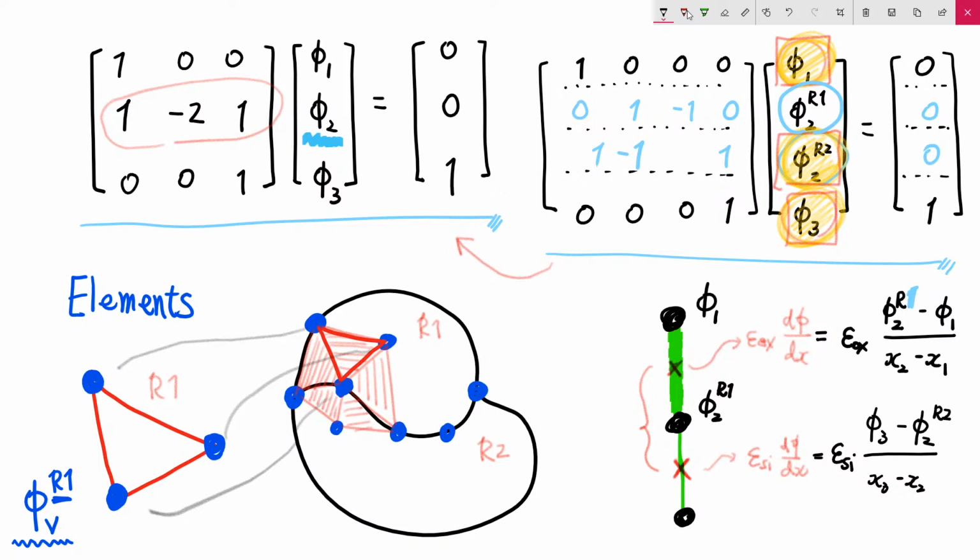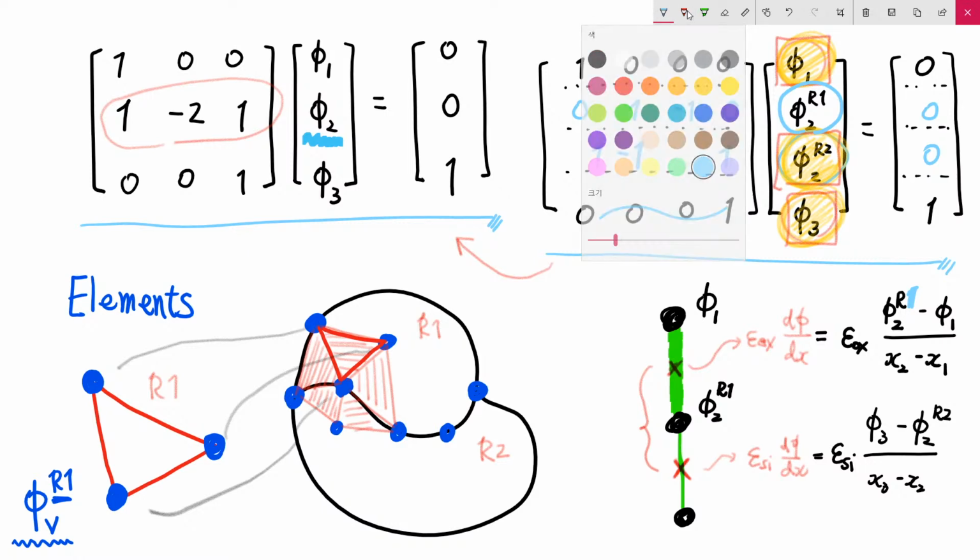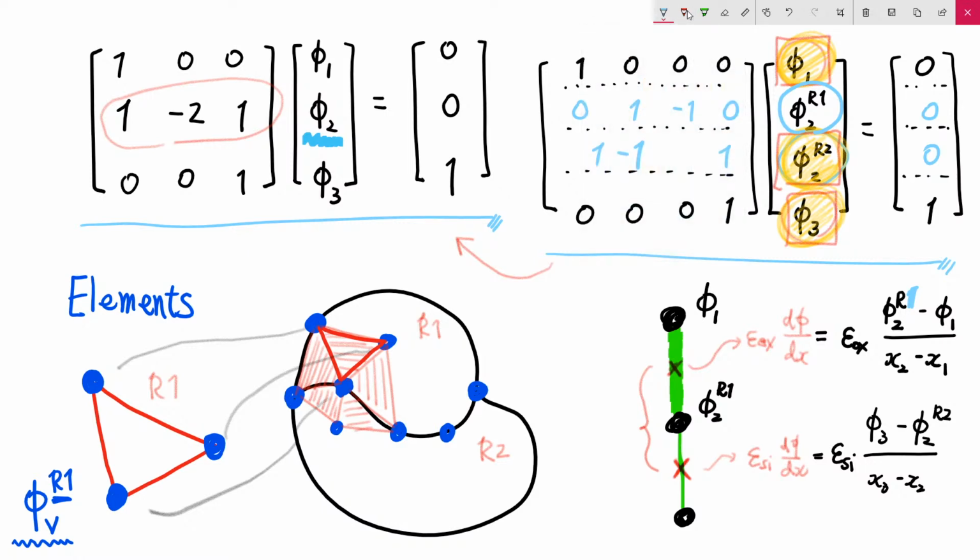So therefore, even this is not easy. Say that, okay, if phi 2 for region 2 is not available, then I will switch to this way. No, it's not possible, because the construction of a Jacobian matrix is done really in a localized way. So you have to have 1 and unfortunately minus 1 here.